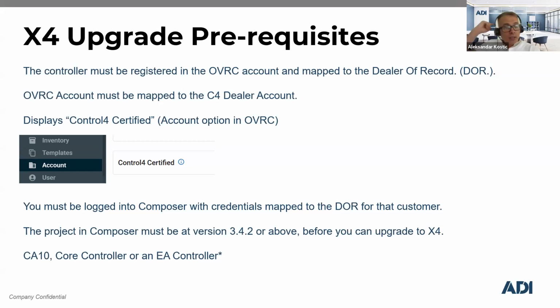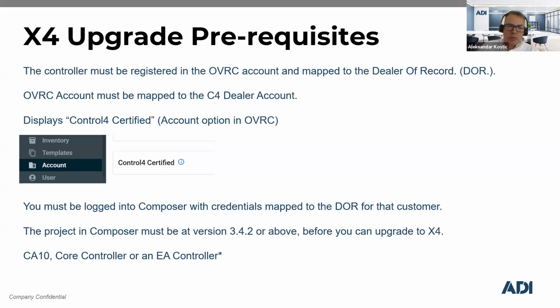If you are on any version of the OS on the project which is lower than 3.4.2, you have to update your project using Composer, for example, to 3.4.2 at least, or 3.4.3, and then you can start the upgrade to X4 through OvrC. So remember, OS3 versions which are supporting upgrade to X4 are 3.4.3, the final one, and 3.4.2.